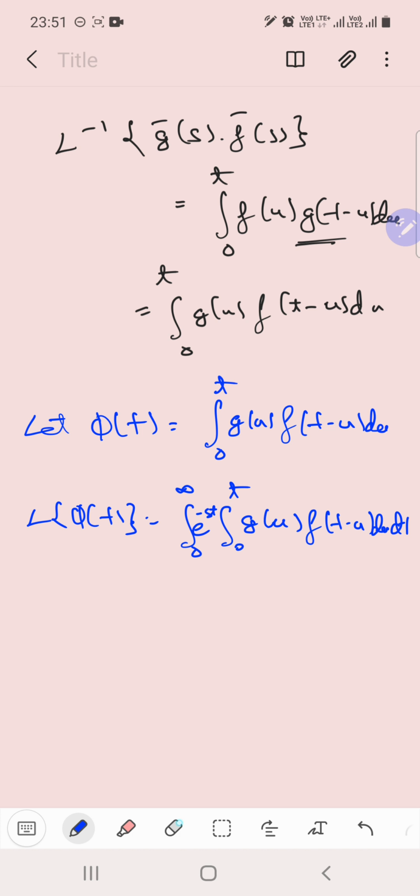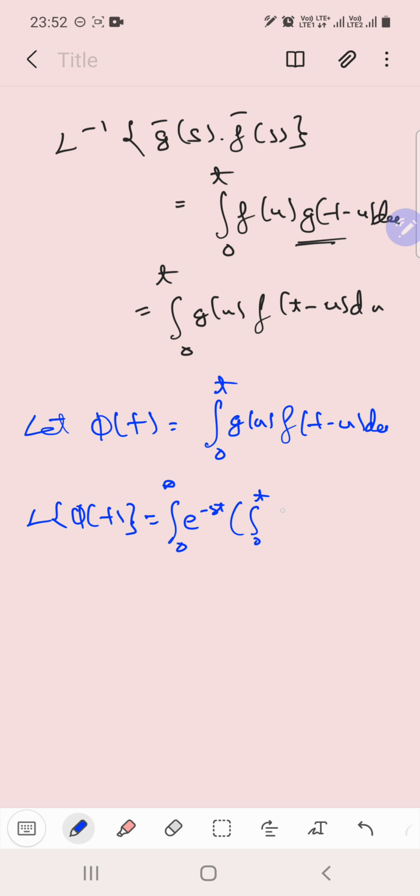Okay, let me write it in a more proper manner. So this becomes integration 0 to infinity e to the power minus st times integration 0 to t g(u) f(t minus u) du, this times dt. Now it's clear.